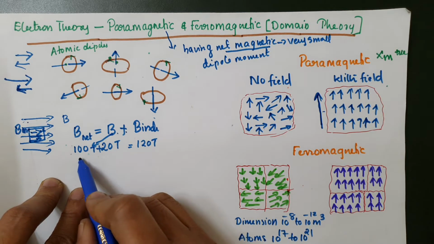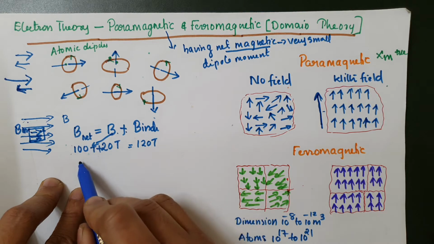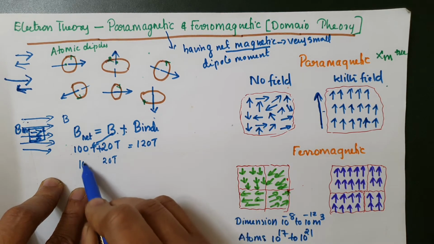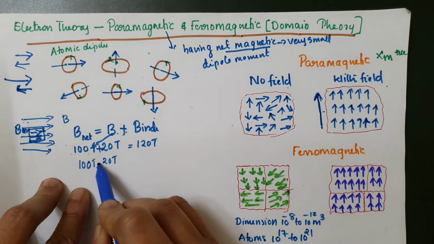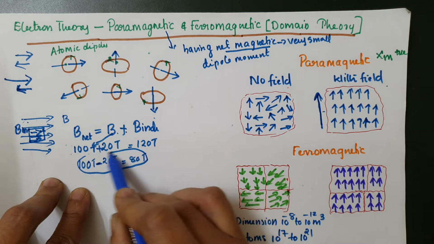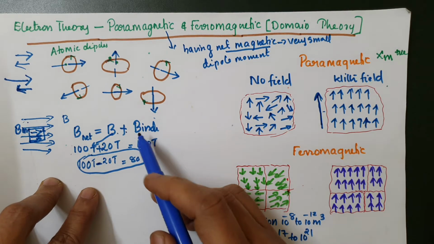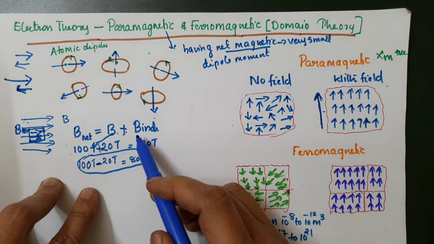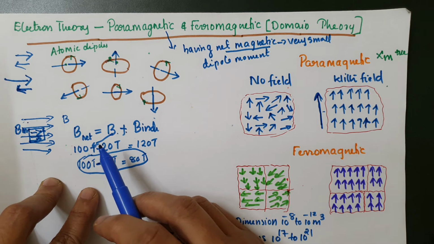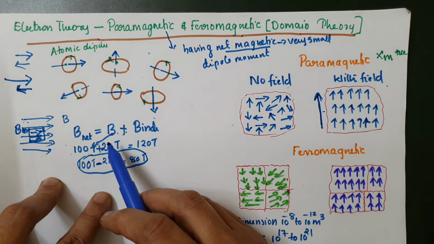That is, if I introduce a diamagnetic material so that it produces 20 Tesla, and the external field is 100 Tesla, then the net field will be 80 Tesla. That is for diamagnetic material. When subjected to an external magnetic field, the paramagnetic material aligns in the direction of the magnetic field.